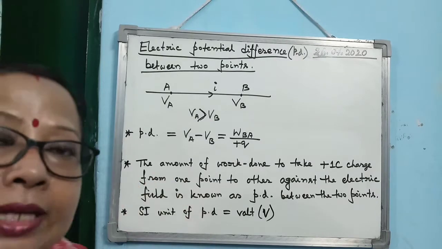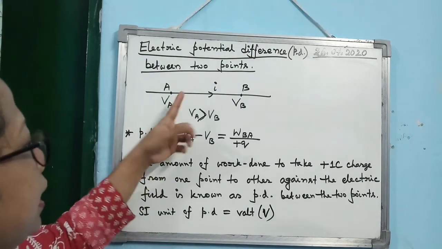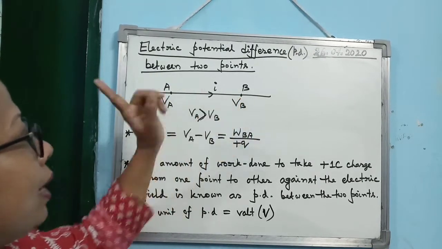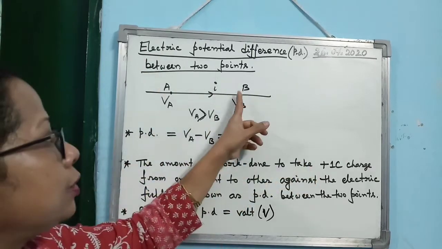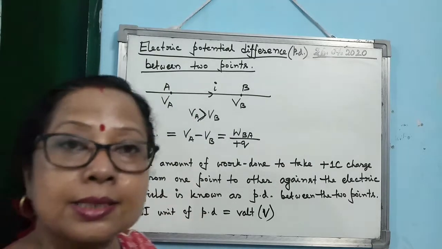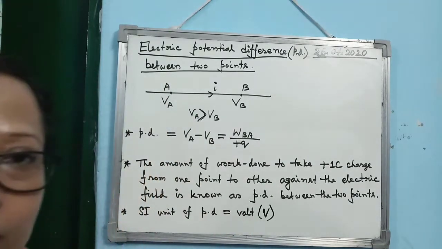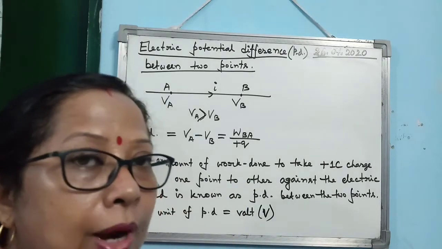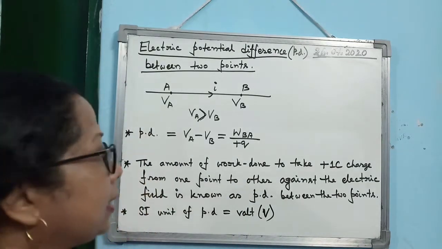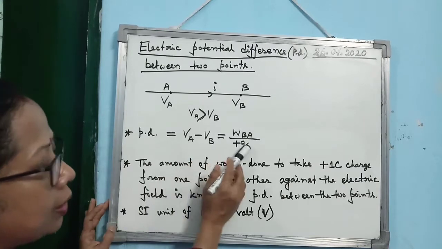Now the question arises: I said from one point to another, so one can take the charge from A to B and one can take the charge from B to A. Are they the same? No. So you have to know from which point to which point you take the charge. That's why I have written it like this.